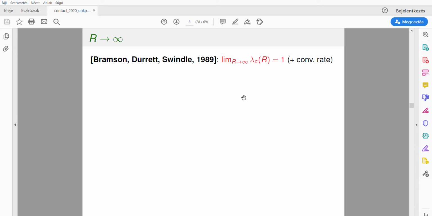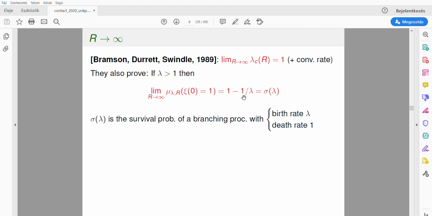So the upper invariant measure is concentrated on the configuration where everyone is healthy. What Bramson, Durrett, and Swindle also prove is that if lambda is strictly bigger than 1, then as the range goes to infinity, they even identify the asymptotic density of infected sites under the upper invariant measure.